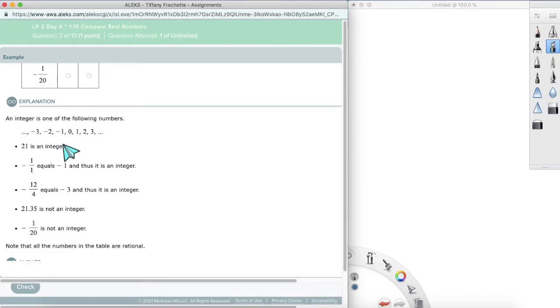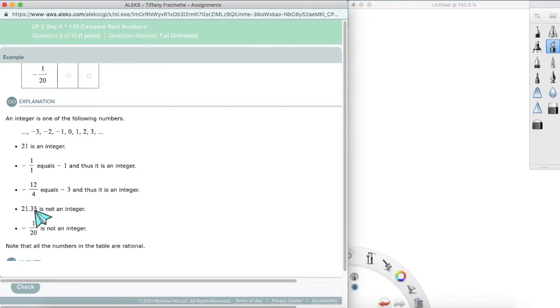So with this one, what they're saying in the example, we had -1/1. Okay, well, that actually is just -1. I know it's a fraction, but it really is just -1, so that works. -12/4, if we reduce this, 12 divided by 4 is 3, and we put a negative on it. Okay, well, that still works. There's no decimals there. But this one would not be an integer because we have a decimal place here.